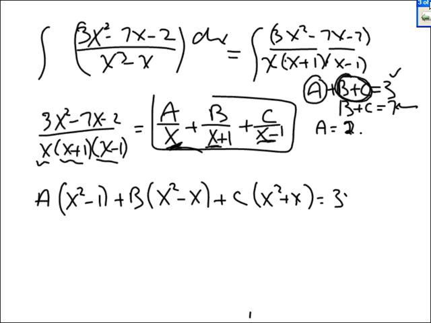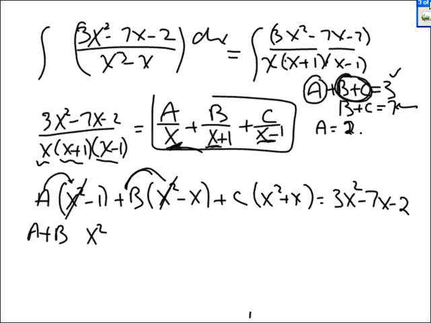And it's going to be 3x squared minus 7x minus 2. So, how many x squares do we have? Well, we have ax squared, plus bx squared, plus cx squared. We have a plus b plus c, x squares.